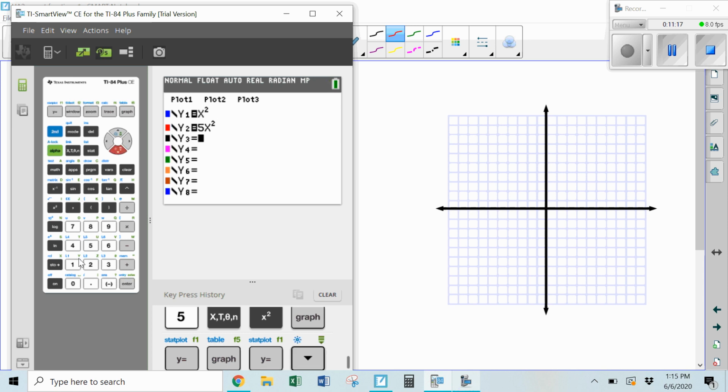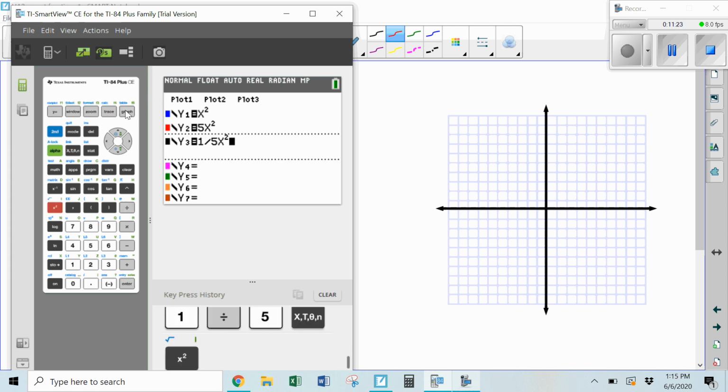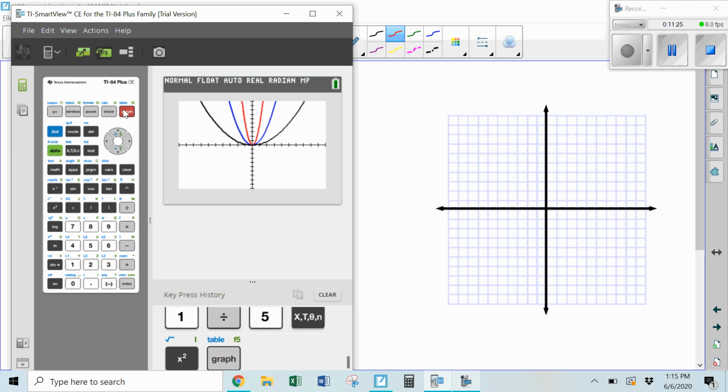Let's try 1/5 x squared. That will make it what we call vertically shrink by a factor of 5. So the red graph is vertically stretching 5 times faster. The black graph is vertically shrinking by a factor of 1/5.